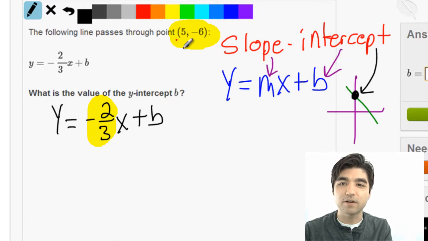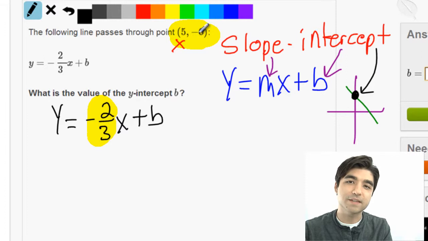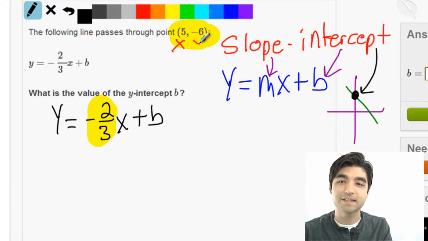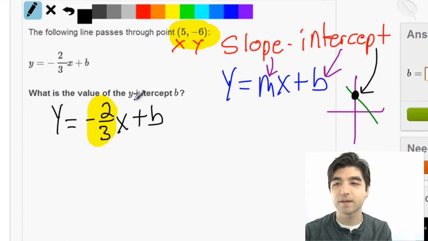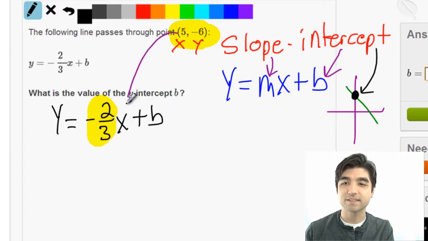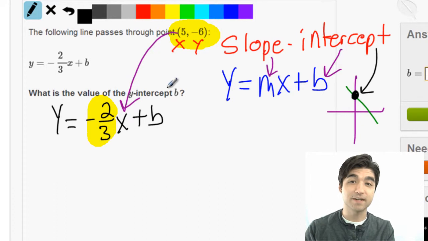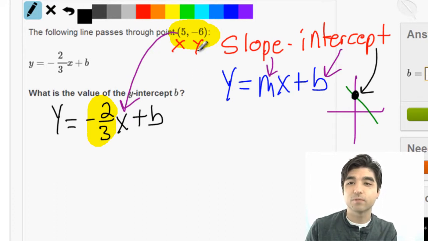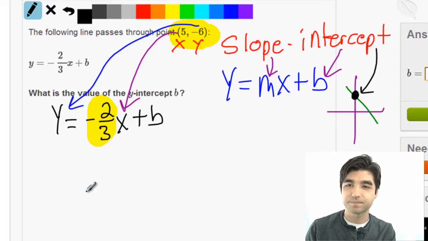The first number in a coordinate pair is always the x value, and the second number is always the y value. So to find b, you take the point. The 5 is the x, so that goes where the x value is, and the y value is this negative 6.